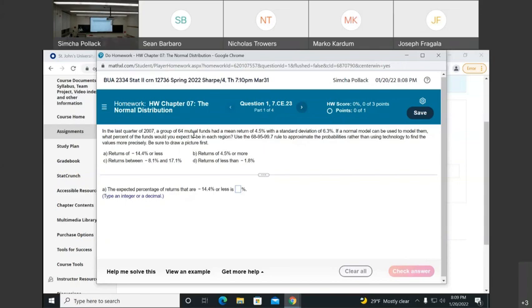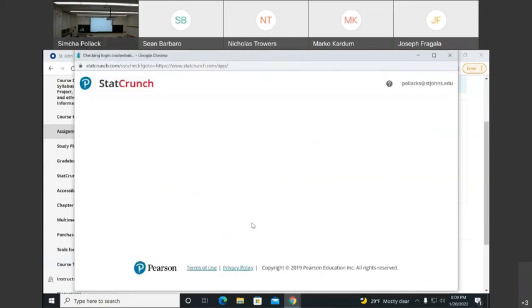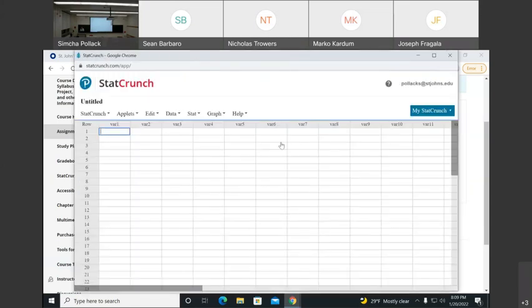Here's how you do it in StatCrunch. First of all, I'm going to try to go through some of these things today, but get more help. Okay, so this is StatCrunch that I've been plugging always.